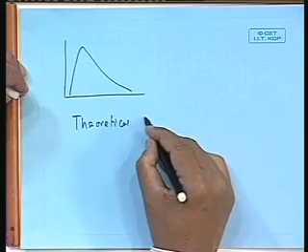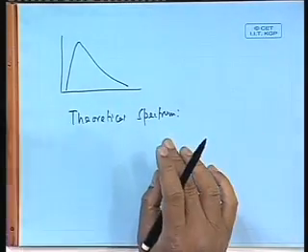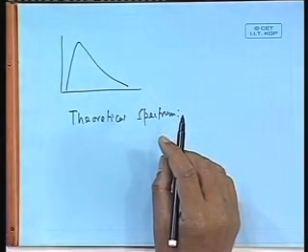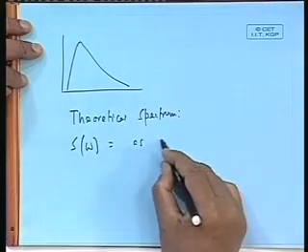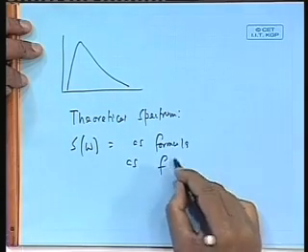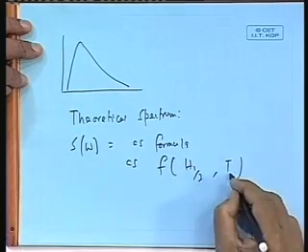In other words, they found that this spectrum can be fit to a formula where the unknown may be the significant wave height, so let me say this can be written as a formula as a function of H 1/3 or T, some kind of period, maybe the peak period.